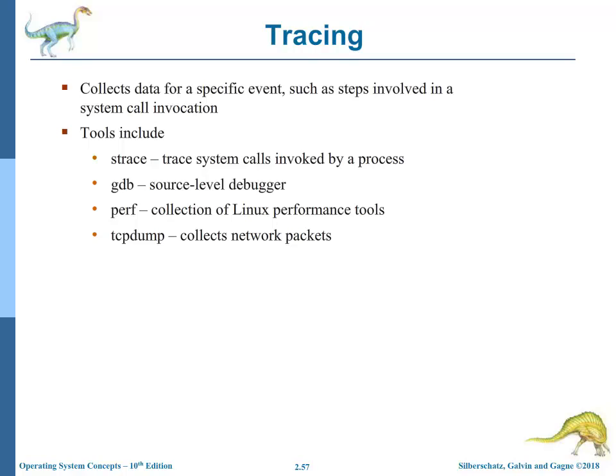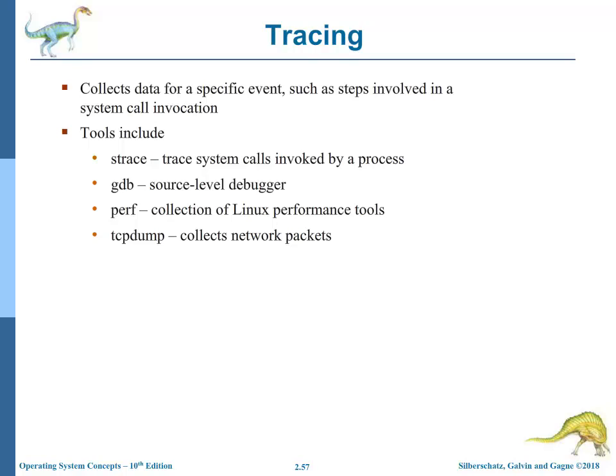Tracing tools collect data for a specific event, such as the steps involved in a system call invocation. The following are examples of Linux commands that trace events. Strace traces system calls invoked by a process. GDB is the GNU debugger.